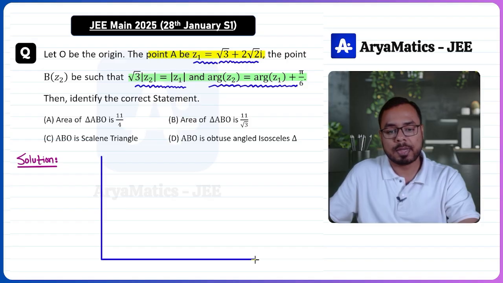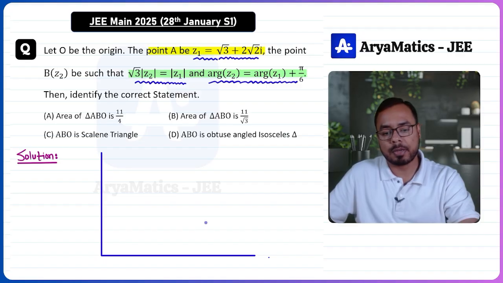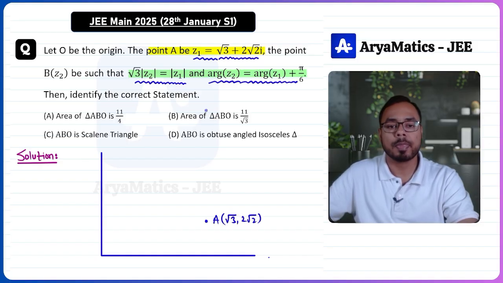So first let us plot this point A representing complex number Z1. Let us say this is some point A representing Z1. Coordinate of A will be x coordinate root 3 and y coordinate 2 root 2.